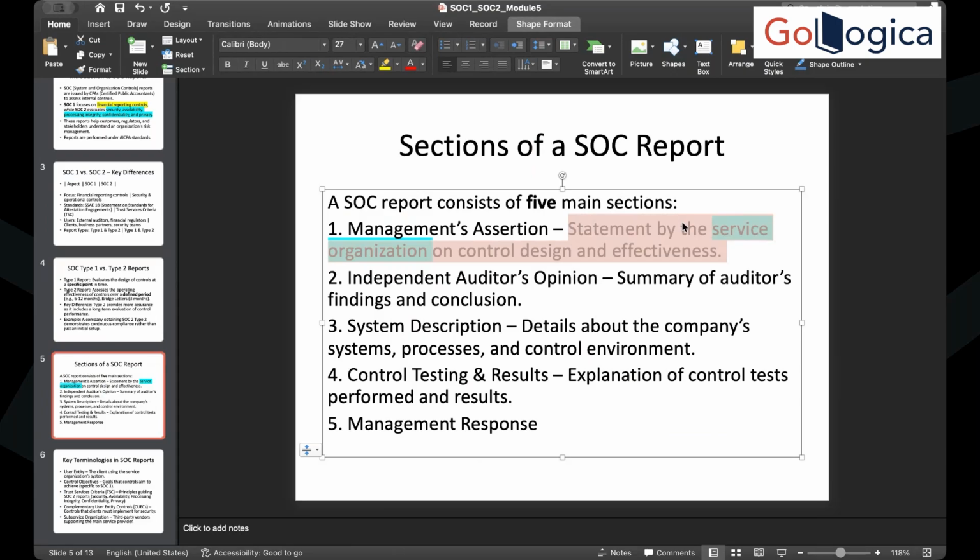Right. So you get the point, right? This is the statement by Cisco on control design and effectiveness. In the management assertion, we tell the auditor that hey, whatever data that I'm going to provide, I'm going to be honest with it. I am going to share the right thing with you. I'm not going to hide anything from you.